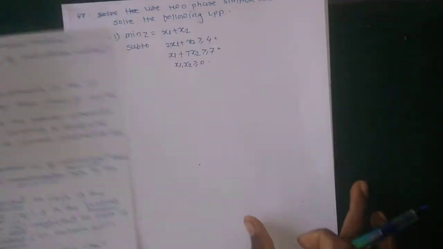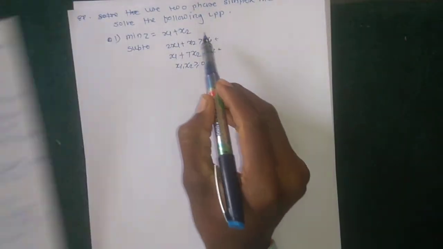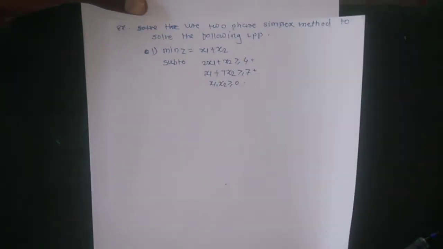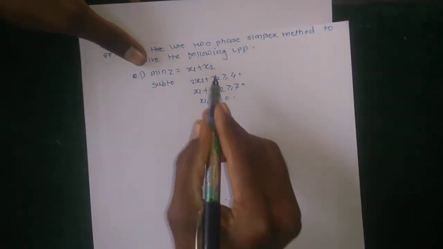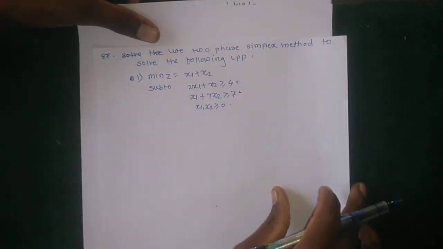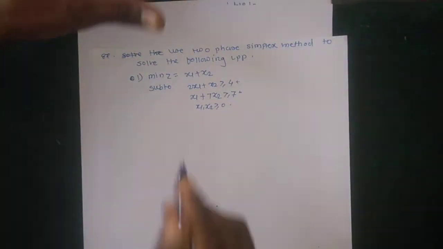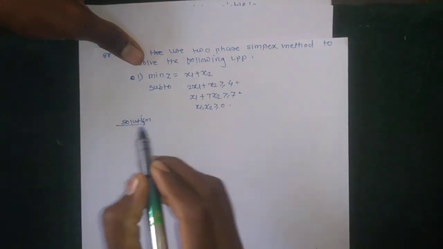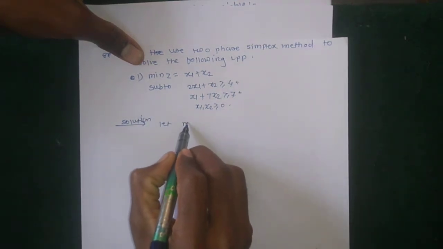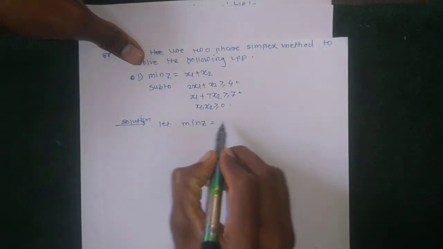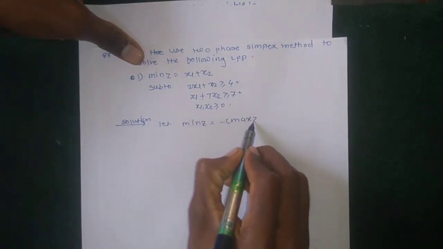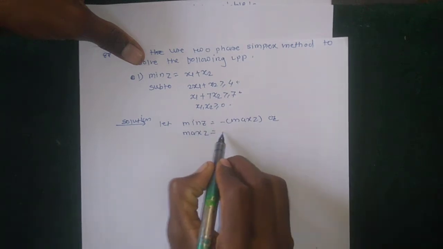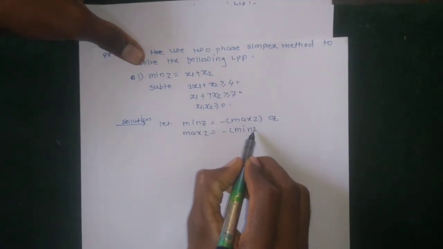So before that, here the objective function is not maximize, so convert it into maximize. Solution: here let minimum z be equal to minus of maximum z, or maximum z is equal to minus of minimum z.